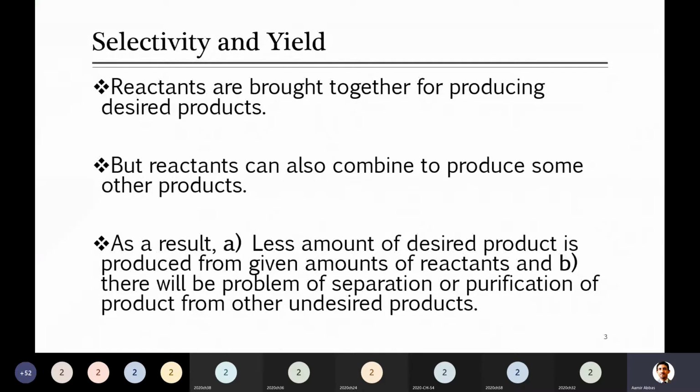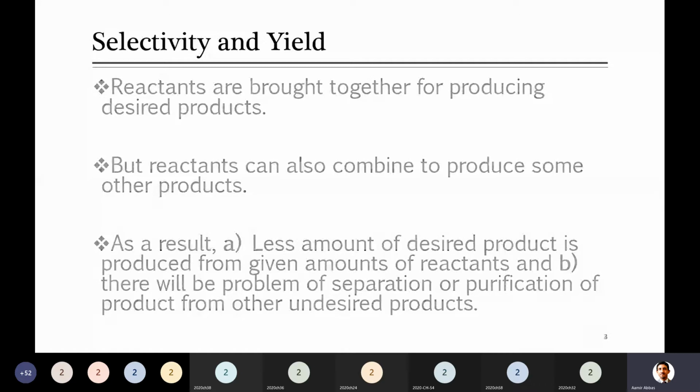So two problems occur: separation as well as purification, and a smaller amount of desired product. So whenever scientists work on these things, they develop catalysts so that you can get the maximum of your product and a minimum of your undesired products.